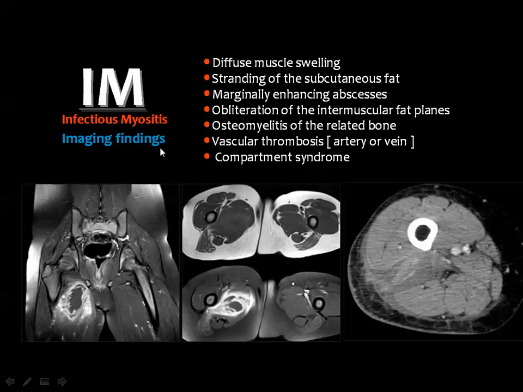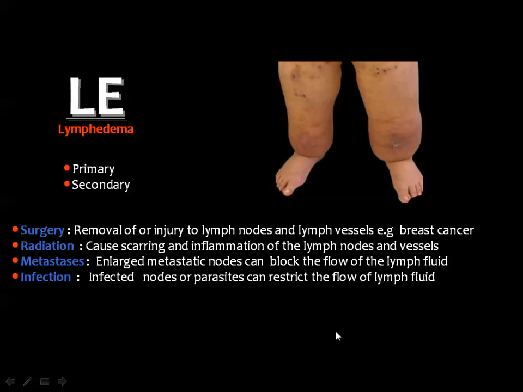These are the suspected imaging findings in cases of infectious myositis, including diffuse muscle swelling, stranding of the subcutaneous fat, marginally enhancing abscesses, obliteration of the intermuscular fat, extension to the bone, vascular thrombosis, artery or vein, and compartment syndrome.